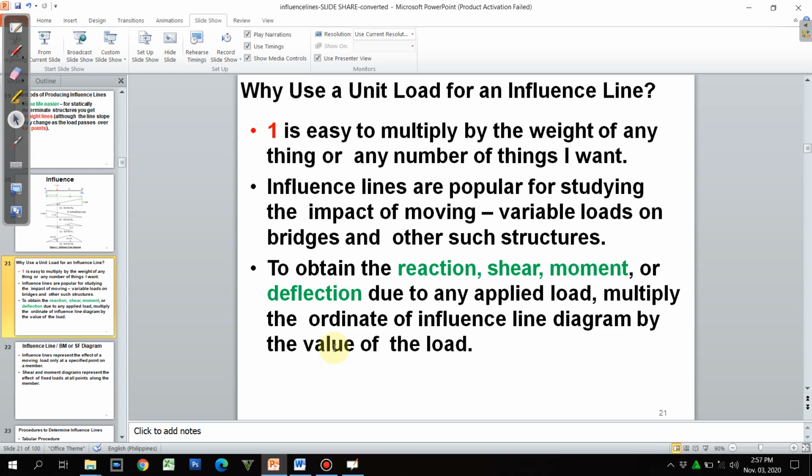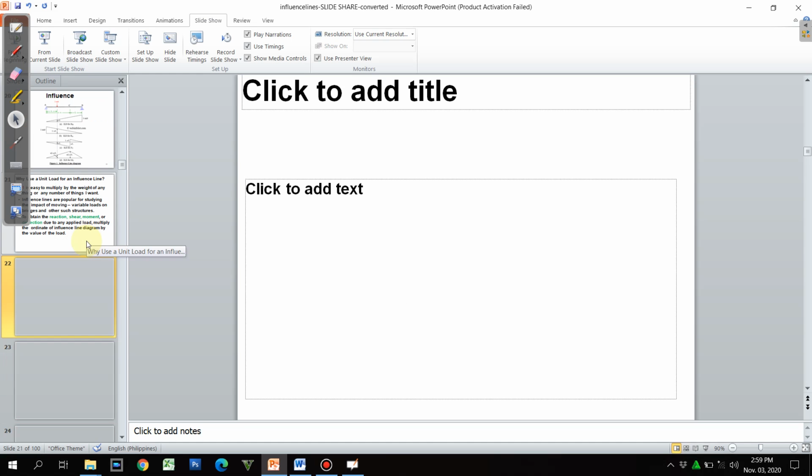Say, for example, if we have a 60 kilonewton axle load of a certain truck loading, you might just multiply that by 1 so that we could determine the effect on that particular point.